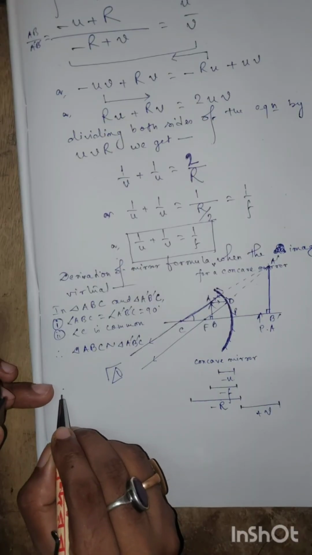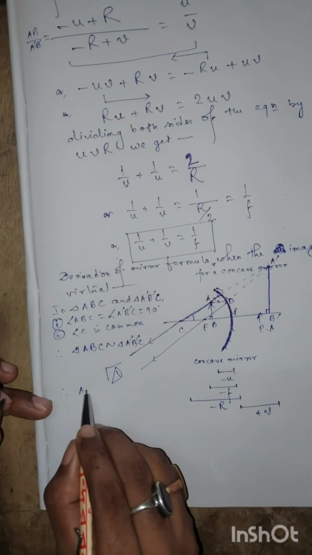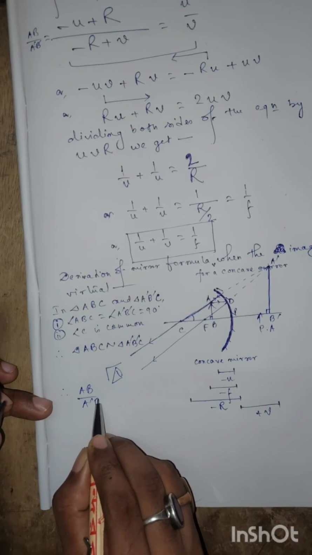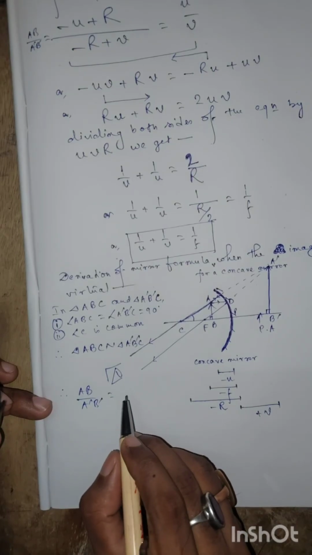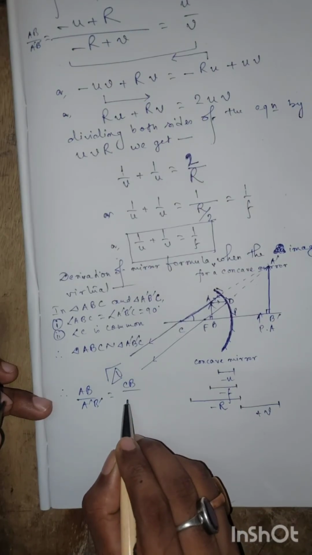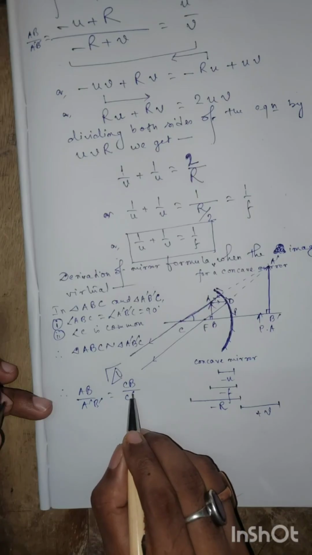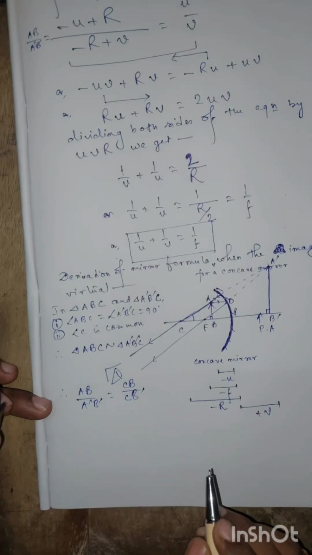So we can write, therefore, AB by A dashed B dashed is equal to CB by CB dashed.